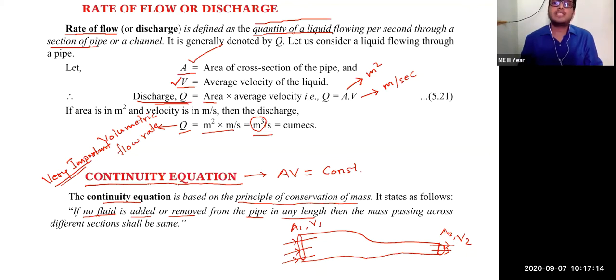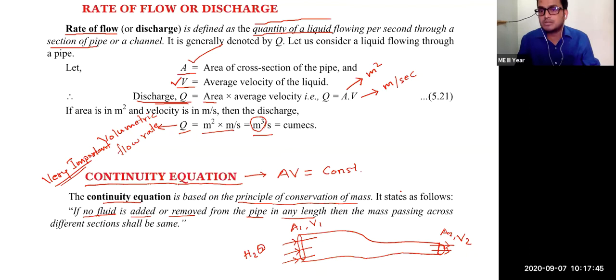As per this principle of conservation of mass, no fluid will be added or removed from this pipeline. Suppose here water is flowing, H2O I am writing. The amount of water flowing inside this pipeline at this location, the same amount of water will be discharged from the opposite end also, if there is no addition or removal of water.